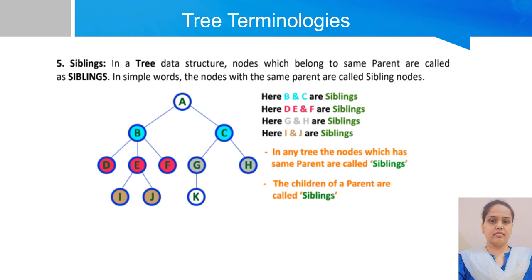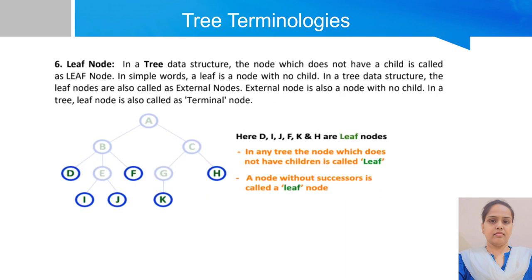Siblings. Nodes having the same parent are called siblings. Here B and C are siblings, whereas D, E, F are siblings, G, H are siblings, I, J are siblings. Leaf node. The nodes which do not have any children are called leaf nodes.